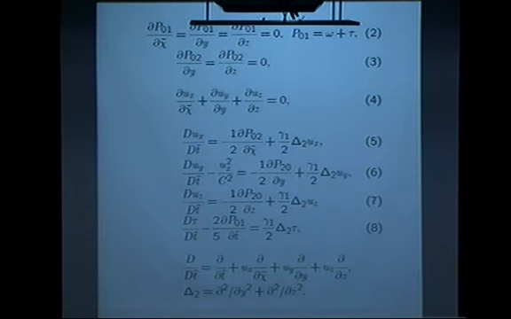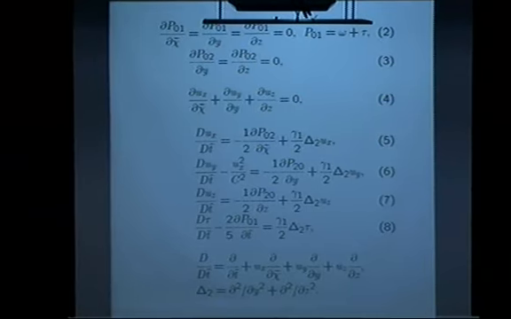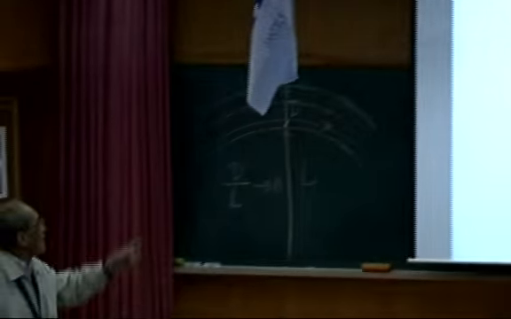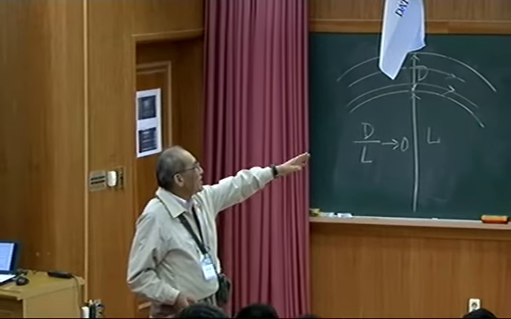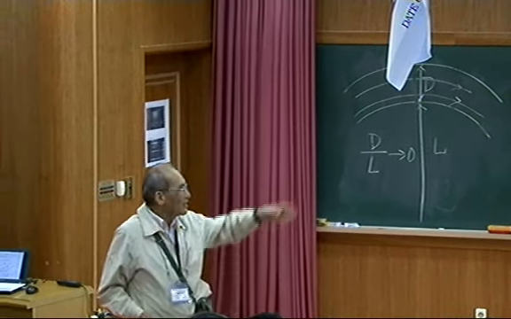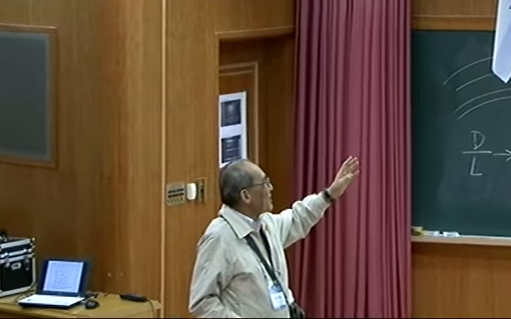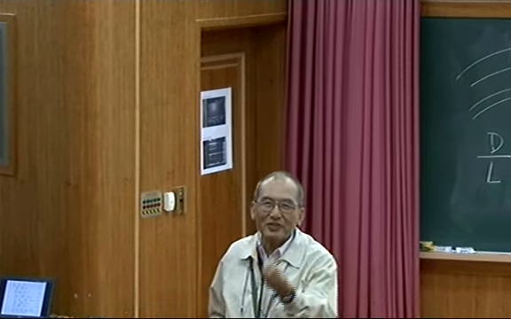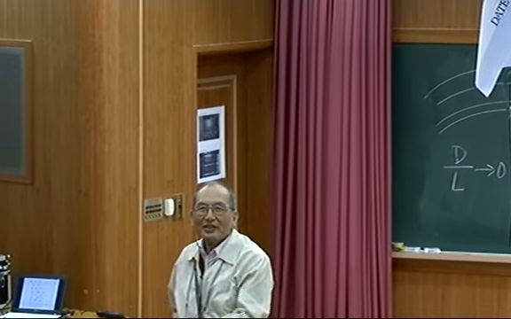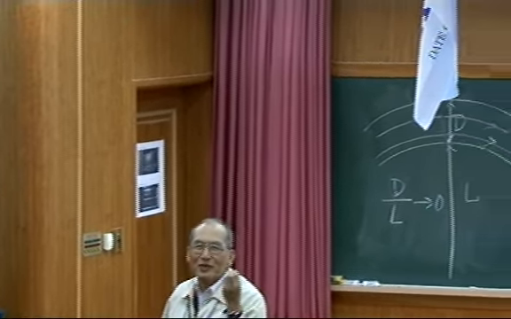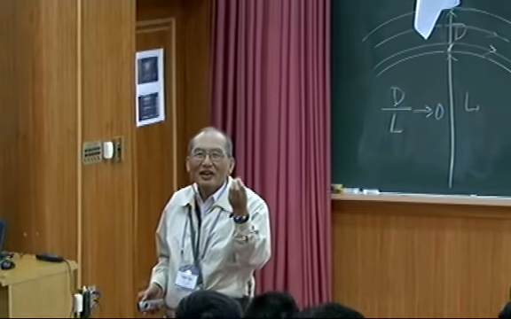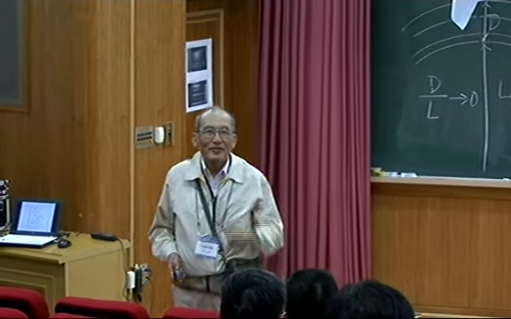Okay? Pardon? P20 and P02 are different. In P02, the first subscript means that it's an expansion in Knudsen number. Okay. The second subscript means that it's an expansion in Mach number.